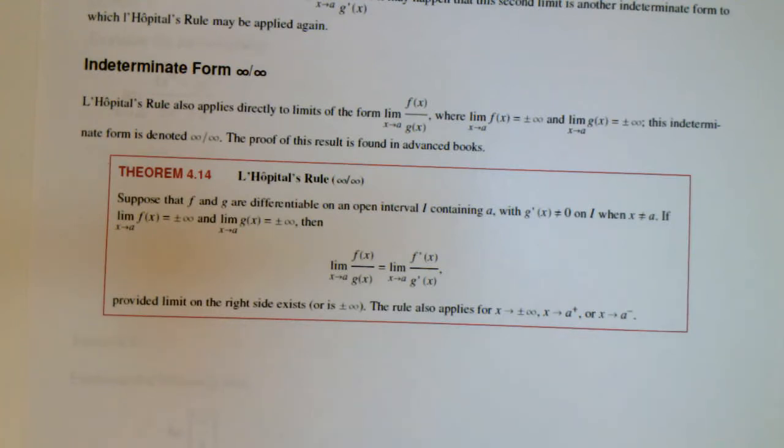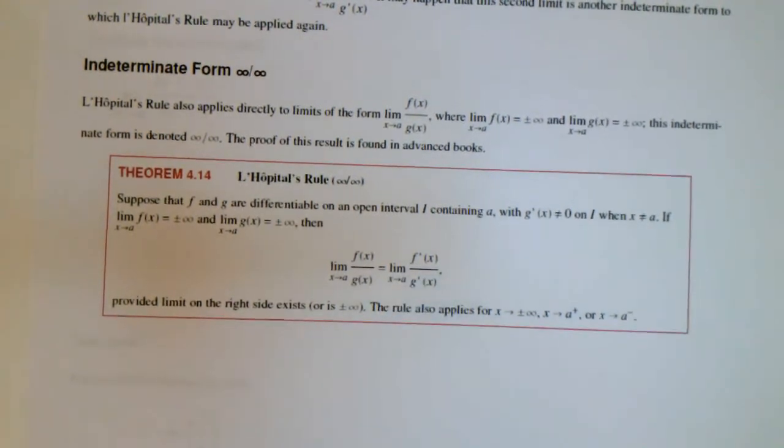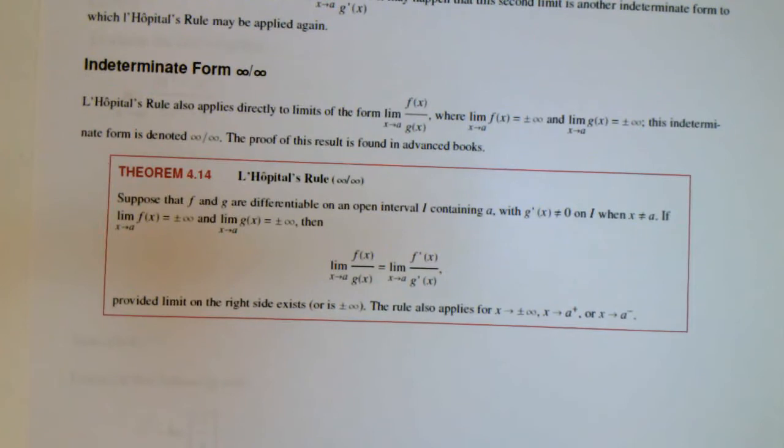And here is the theorem for that one. If you have to apply L'Hopital's rule for infinity over infinity, it's going to be this. You're still going to have to take the derivative of the numerator and the derivative of the denominator, and then take that limit.